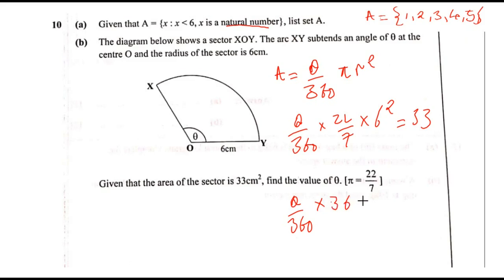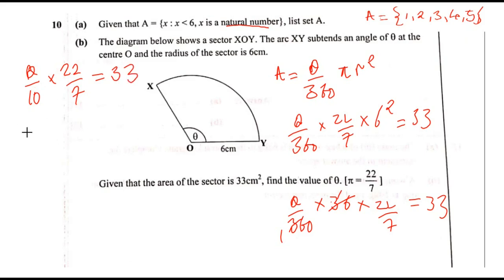So we can cancel this 36 with the 360, and 360 divided by 36 is 10. Then we have theta over 10 multiplied by 22/7, and this is equal to 33.